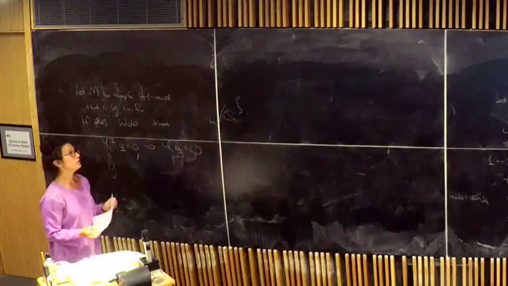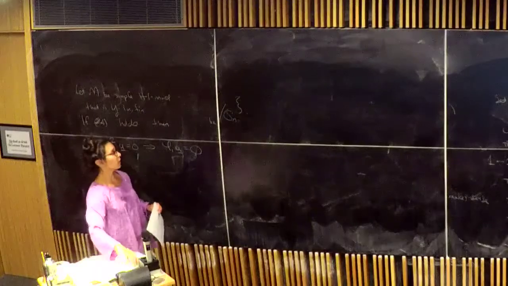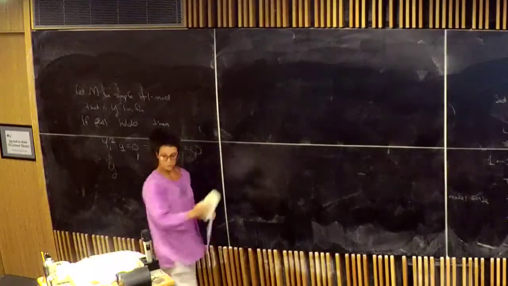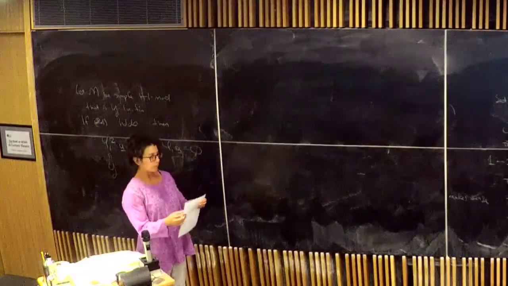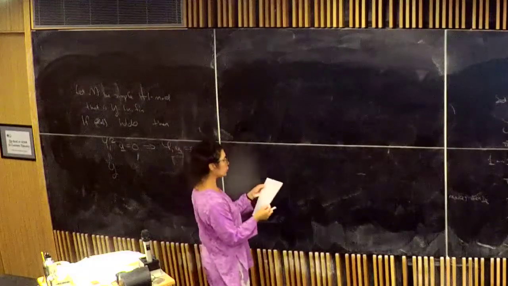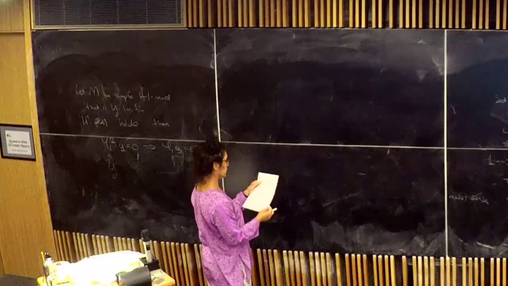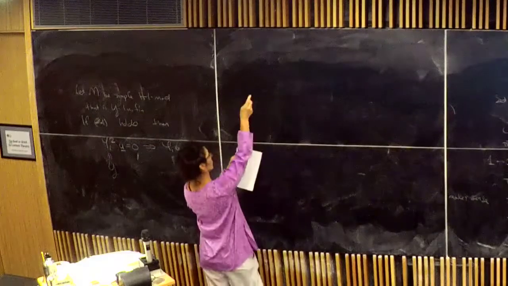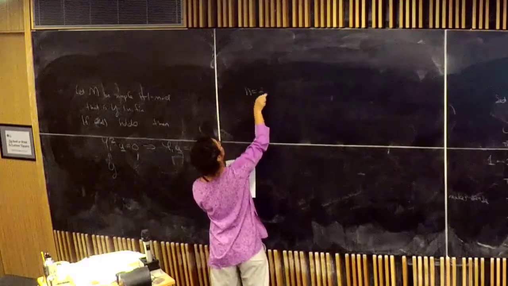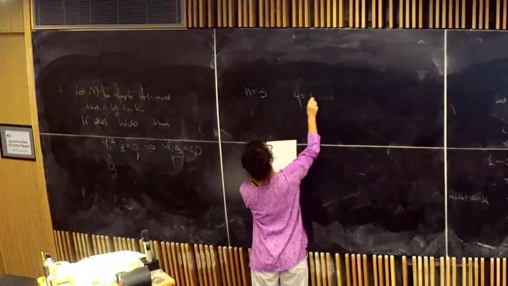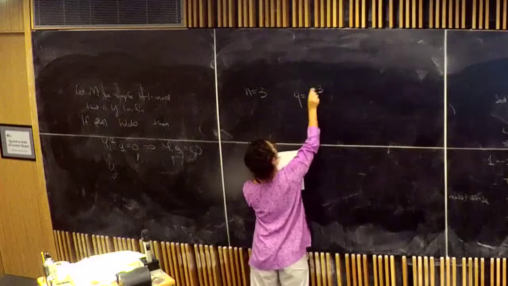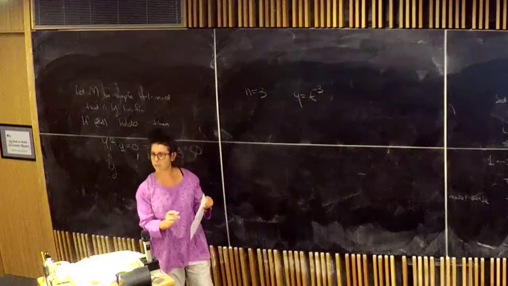Okay, so I promised I would talk a little bit about finite dimensional representations. How do you get finite dimensional representations? So let me draw for you the following picture. Let's take n equals 3. And I'm not going to be generic. I'm not going to take roots of unity, but I'm going to say q is t to the minus 3.